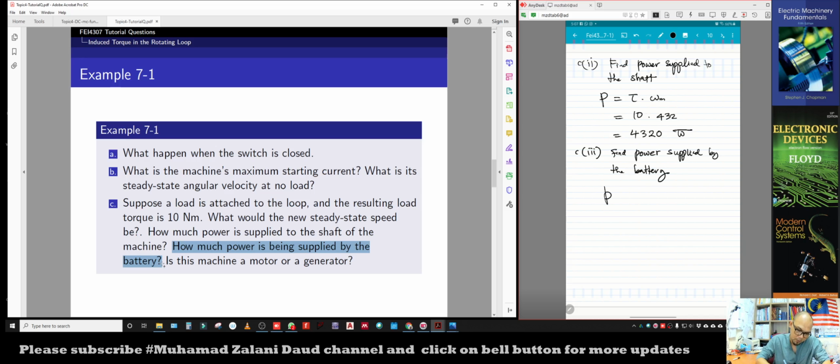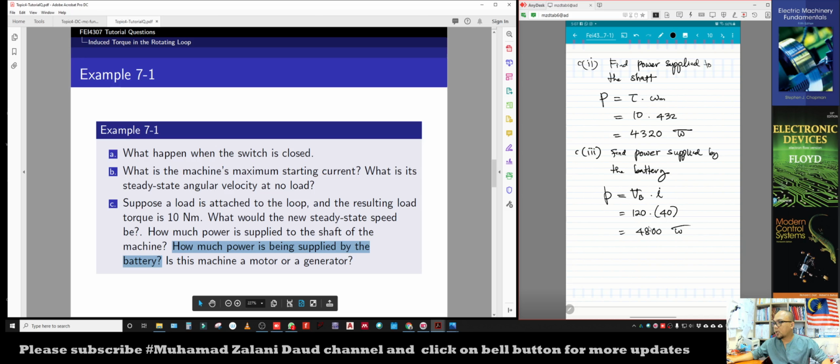Power supplied by the battery, P is VBI. We know that VB is 120 and the current being supplied was 40 amps. So we have 4800 watt of power being supplied by the battery.